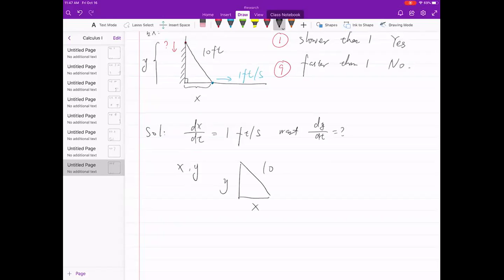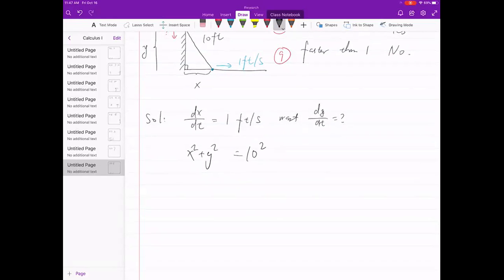Can you say it's going to be Pythagorean theorem because you keep attached to the wall and your ladder doesn't change the size? It's still 10. So no matter how you slide, x may be longer, y may be shorter, but eventually this has to be true. Once you have that, the rest is mechanics. Take the derivative.